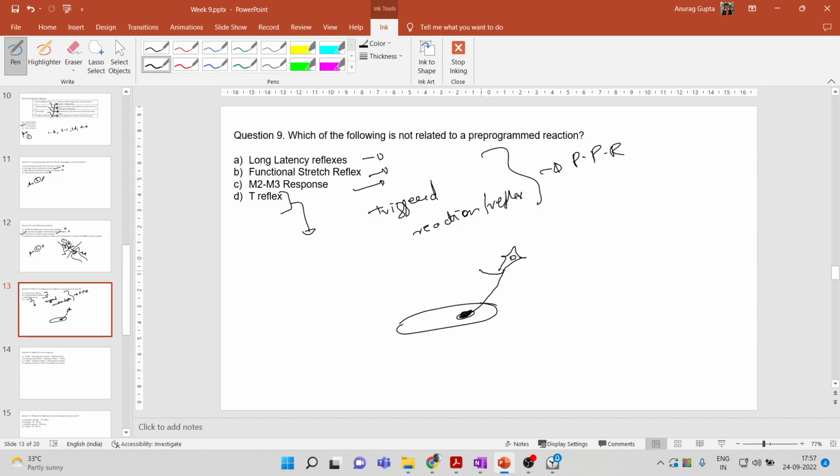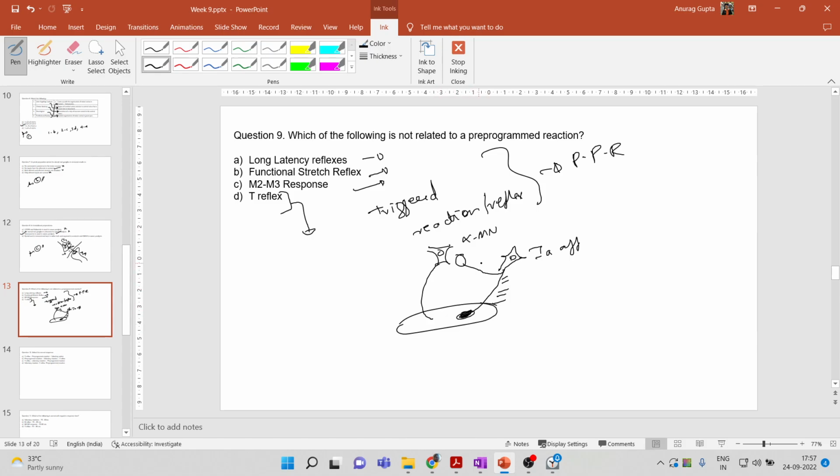So when we hit the tendon, the muscle stretches, and then action potentials travel along the 1A afferents, and the 1A afferents excite the alpha motor neuron, which supplies the same muscle.